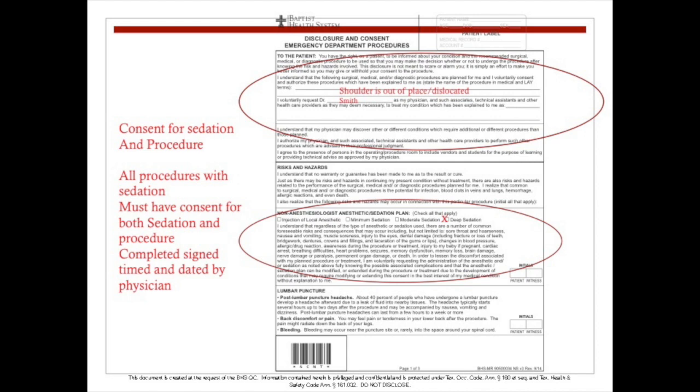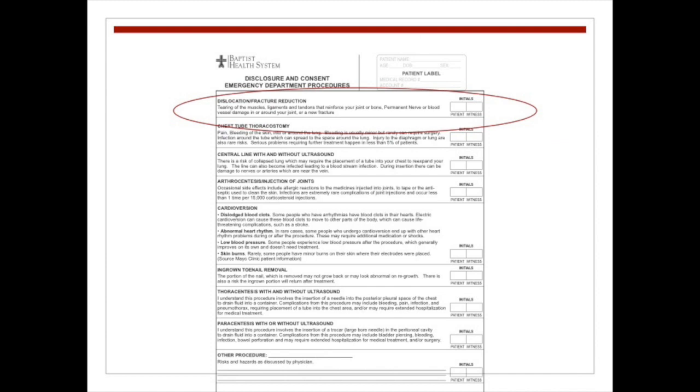I know this is confusing to the nurses, but we do deep and are credentialed to do deep sedation. And the next page of the consent form has specific emergency department procedures such as dislocation or fracture reductions, and this again has to be completed by the physician. Any procedure which has sedation must also have a consent for the procedure.